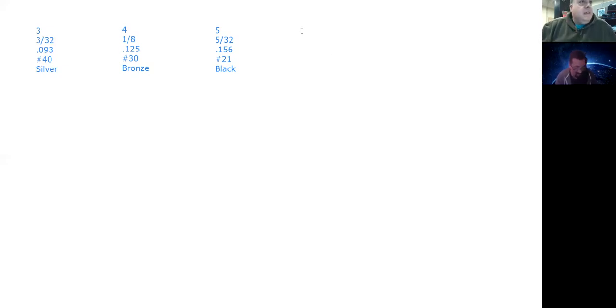Okay. And then last but not least, a little bit more uncommon, but still a common aviation rivet is a 6 rivet. A 6 rivet is 6/32.